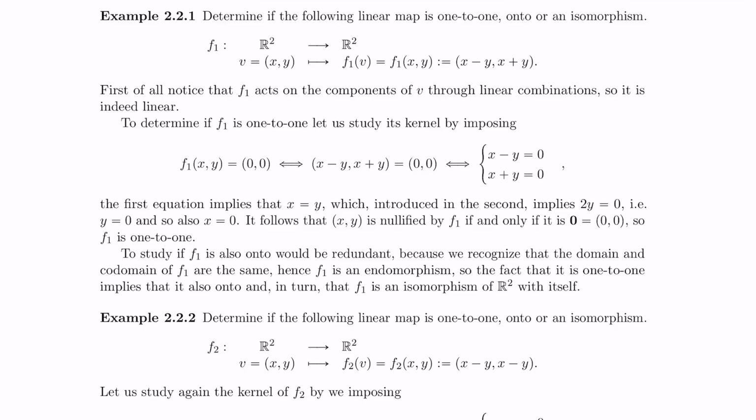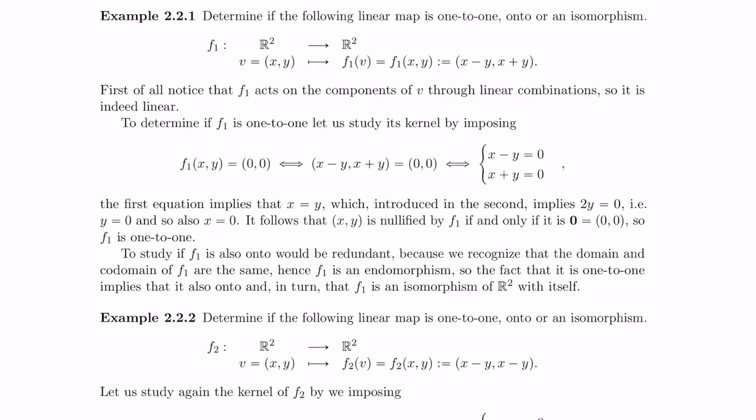This is a vector equation that can be rewritten as this system of linear equations here. Notice that the first equation implies that x is equal to y. If we introduce this information into the second equation, we obtain 2y equals 0, that is, y equals 0, and so thanks to the fact that x is equal to y, we have that also x is equal to 0.